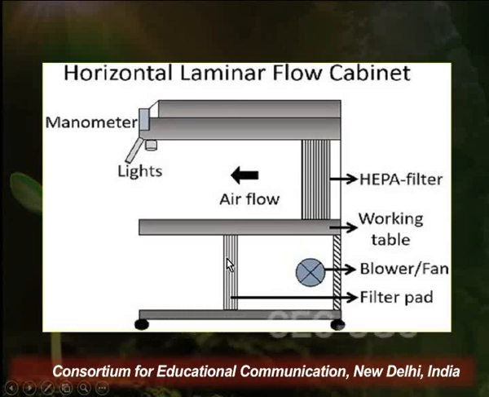The dust and lint, the gross contaminants, are stopped here by the filter pad, and then the blower fan throws air into this area, and from this chamber the air is moved horizontally over the working table onto the sterile zone. So this direction of airflow is directly towards the person who is working.